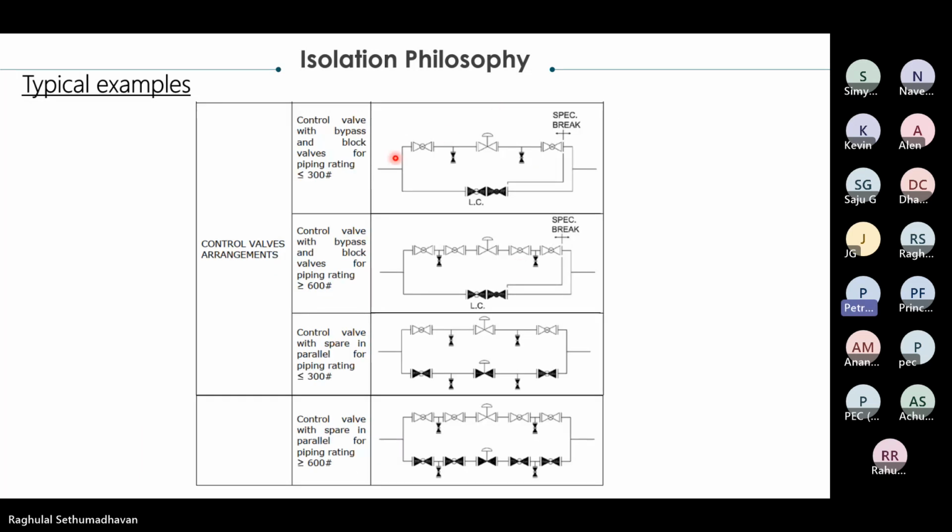There are some particular arrangements for control valves. For 600 and above, we have to provide a TBB arrangement and control valves in parallel. For 300 and below, only one single line can be required.